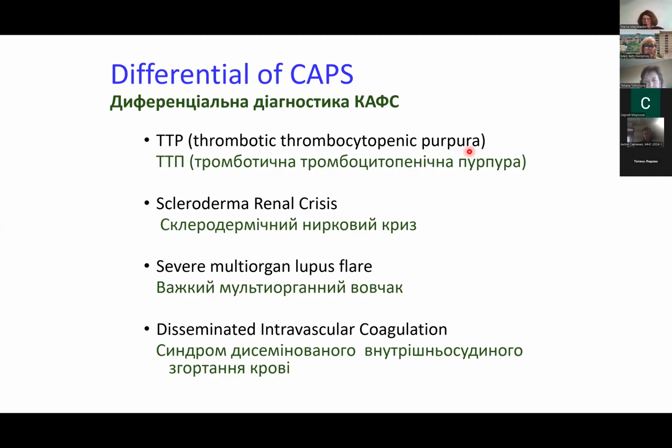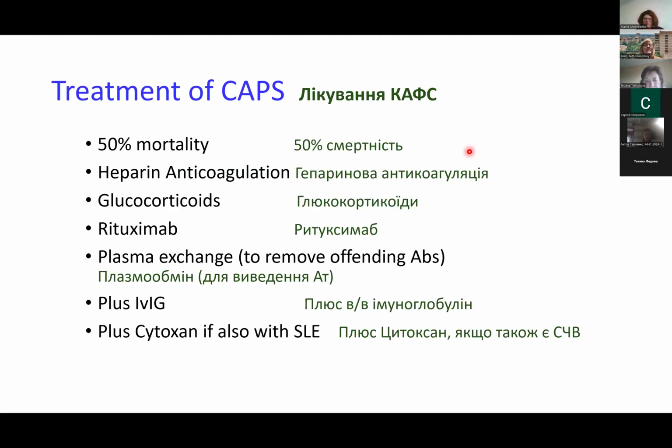And then disseminated intravascular coagulation, that could come from sepsis or trauma or severe tissue injury. All right, so unfortunately, 50% of patients with CAPS will die from their CAPS.